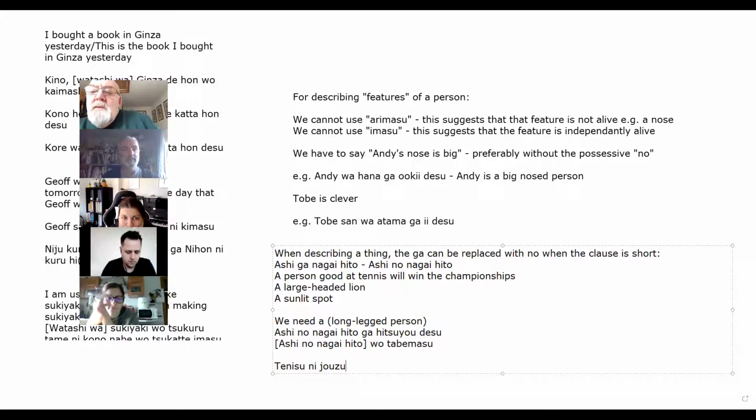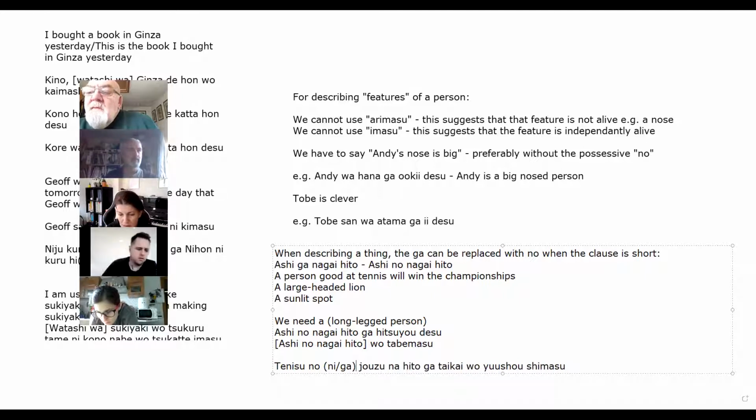This wouldn't be a problem, but this is also another place where tennis no jozu na hito ga taikai o yūshō shimasu. Yeah, here we're using no. You could use ni, you could use ga, but it makes it a little bit less clear what the subject is if you use ga. Using no compacts it all together, it groups it all together.